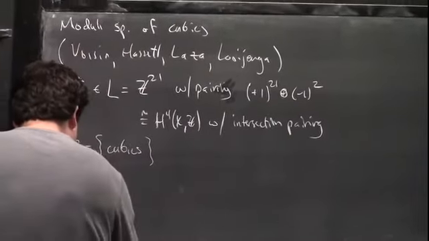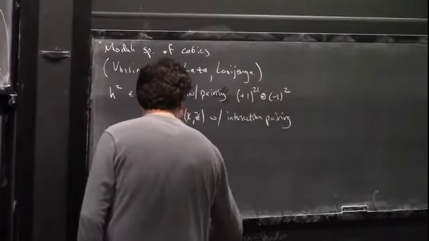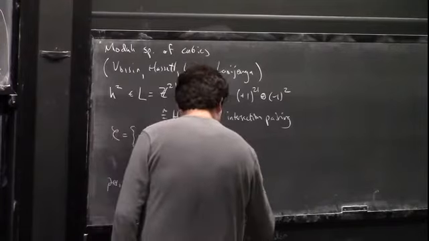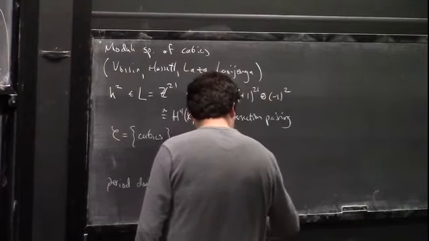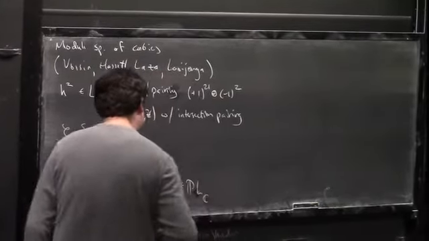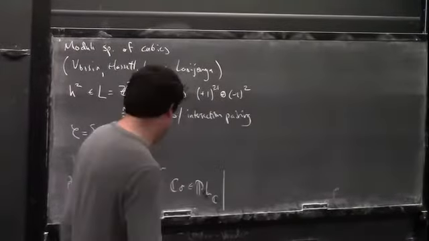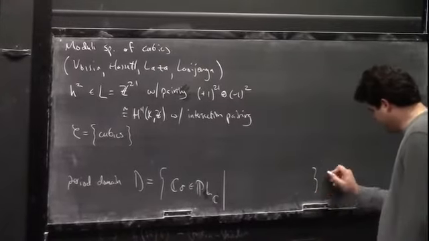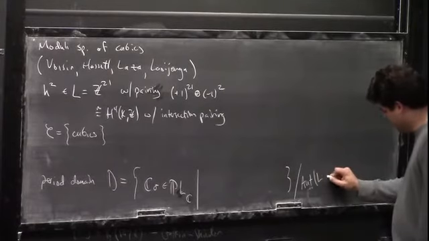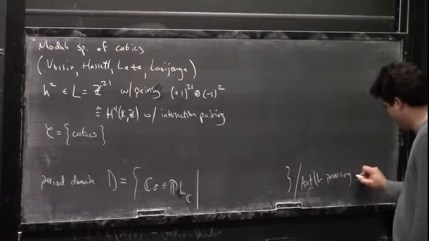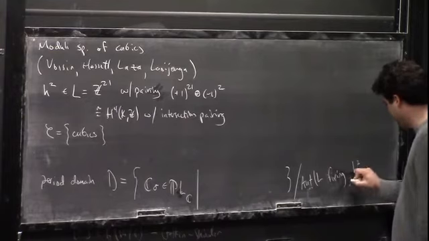And I'm going to take the period domain D, which is a set of lines, I'm going to call them C times sigma in the projectivization of L tensor C. This sigma needs to satisfy some conditions, but at the end I'm going to mod out by the automorphisms of L that preserve this H squared, fixing H squared.